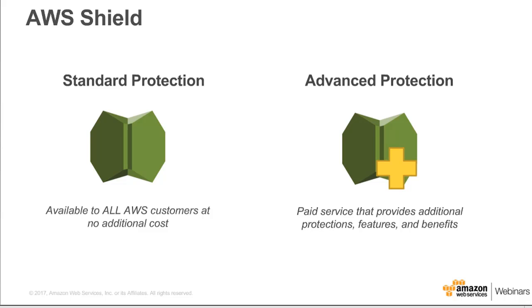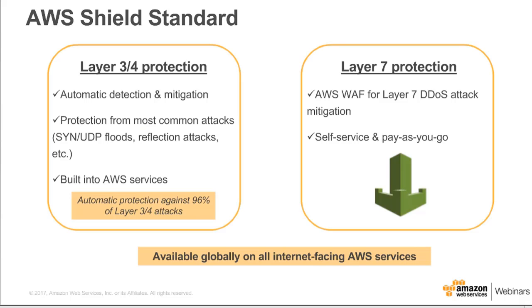And then there's advanced protection. AWS Shield Advanced is a tier of service that provides you with additional protections, features, and benefits that allow you to see the different types of attacks that are coming in targeting your application, that allow you to request support, and I'll give you a whole bunch of other features that I'll discuss in a later slide here.